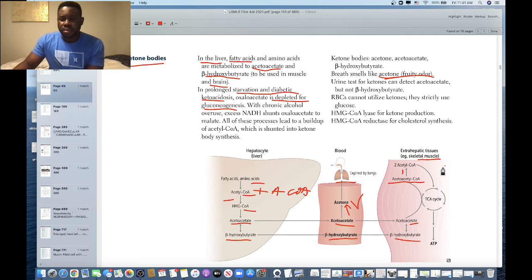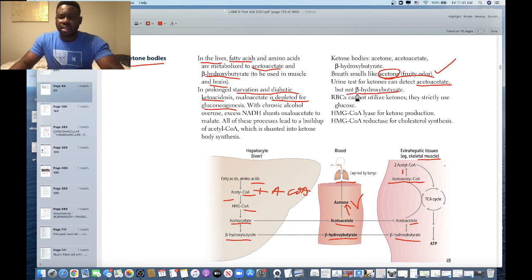Now, high yield information here is that you have to know that the fruity smell is acetone. That's high yield. Two, urine tests for ketones can detect only acetoacetate and not beta hydroxybutyrate.